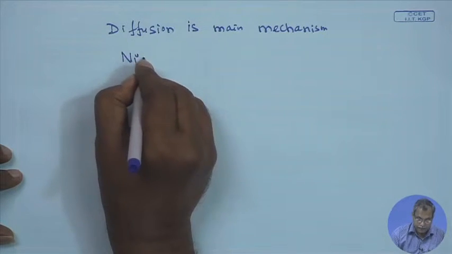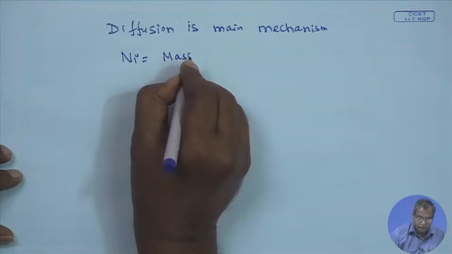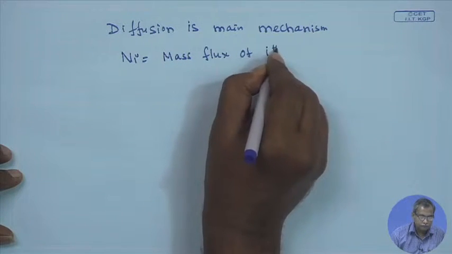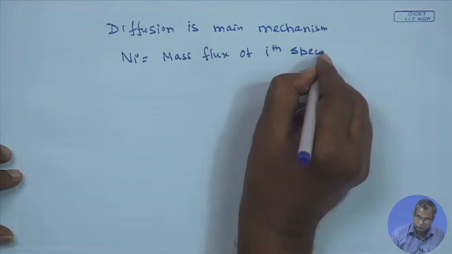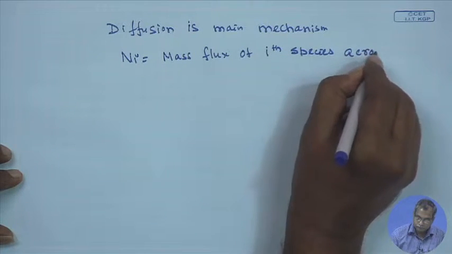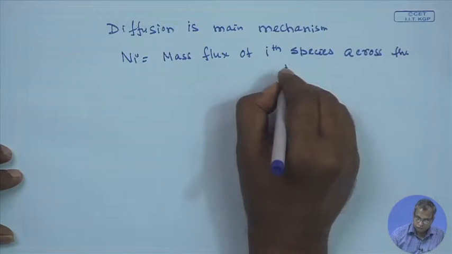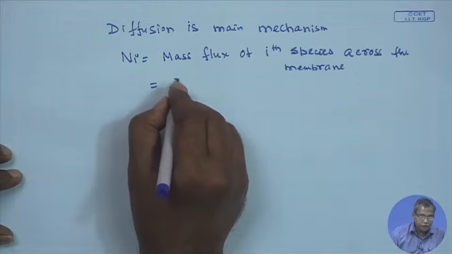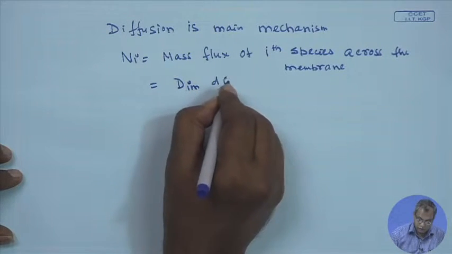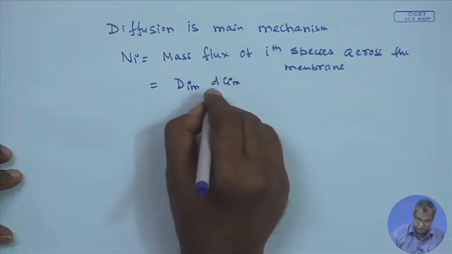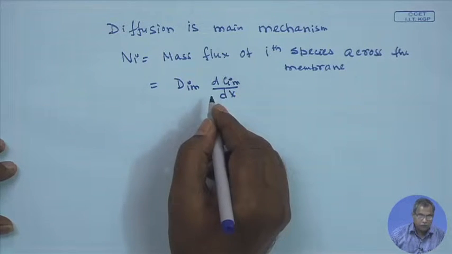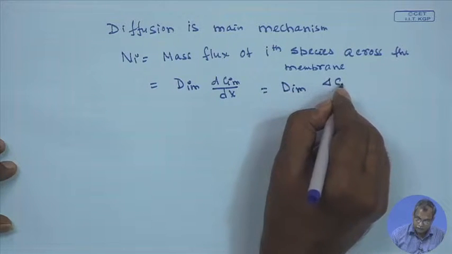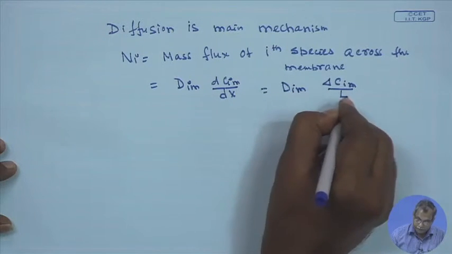So, let us say Ni is the mass flux of the ith species across the membrane. This will be nothing but Dim dCim/dx. So, this is nothing but Dim delta Cim by L.